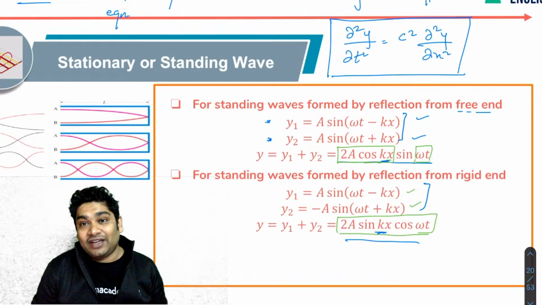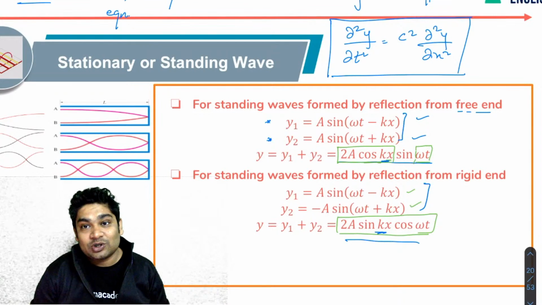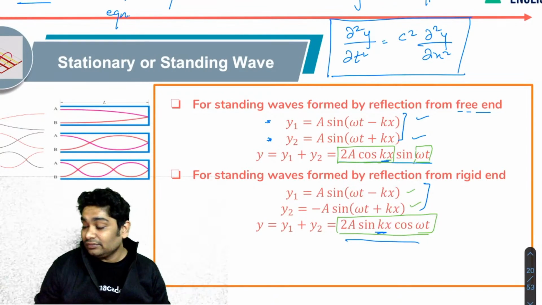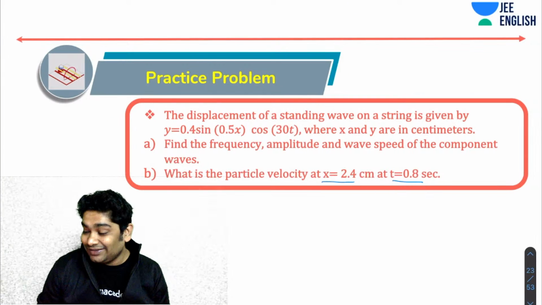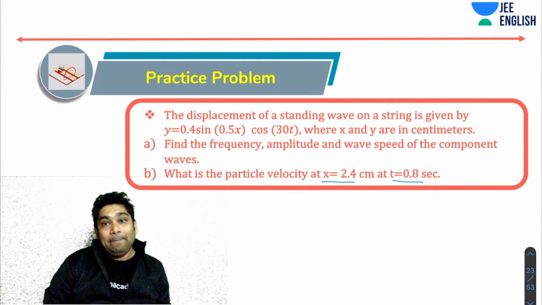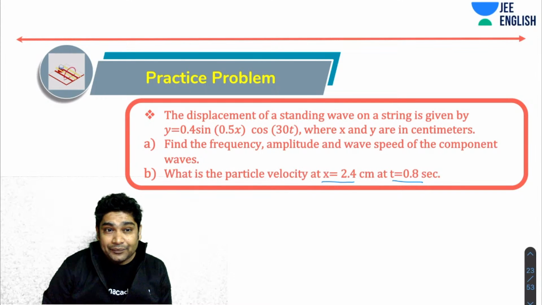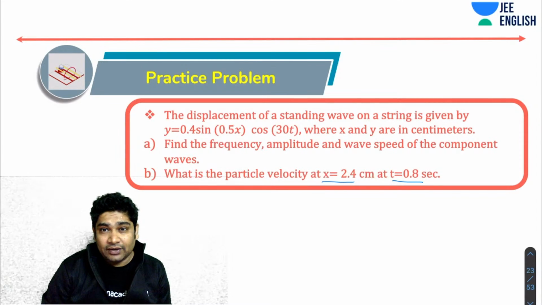Once you have the values of k and omega, you can find the component wave equations also. So use this fact and try and tell me the component wave equations. So what do you think?